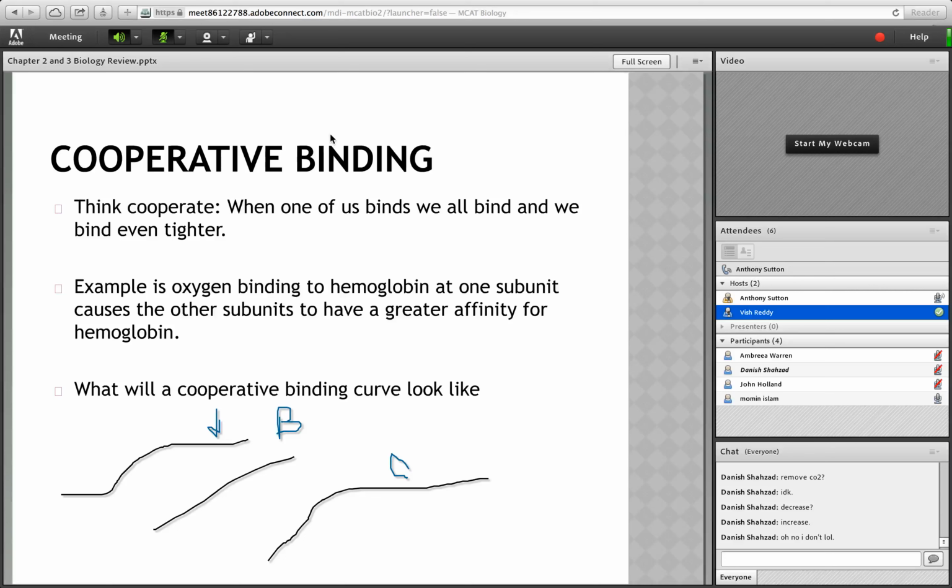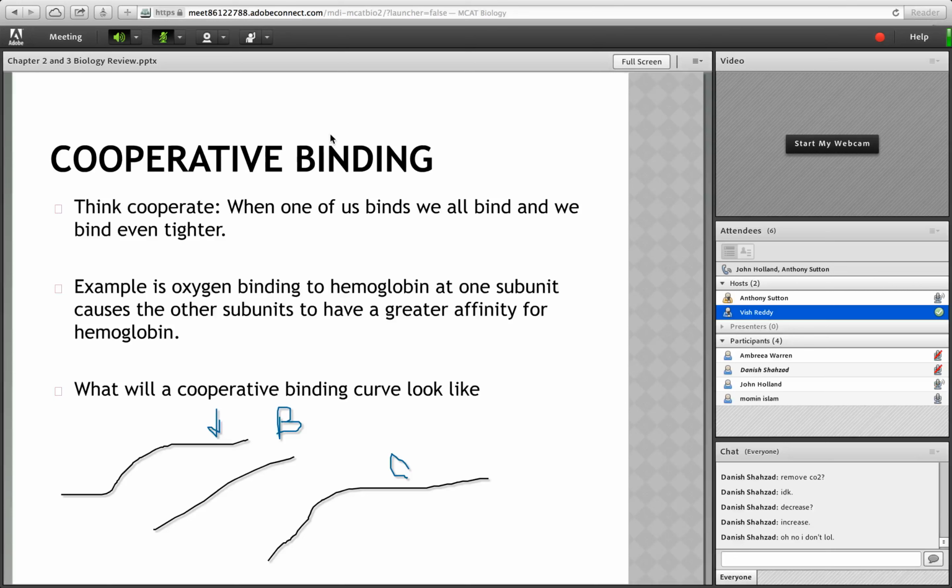So you think the curve would be more sigmoidal? What does sigmoidal mean? Okay, good. I'm glad you asked that because John was ready to answer. Go ahead, John. S-shaped. So John says it's S-shaped.